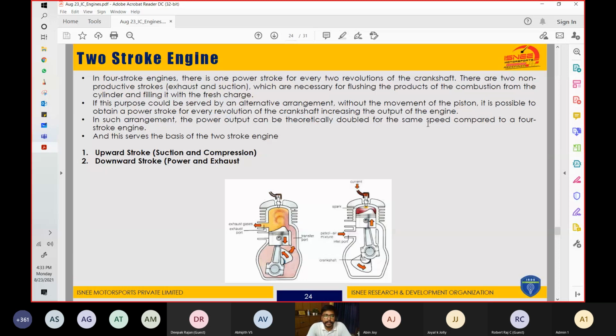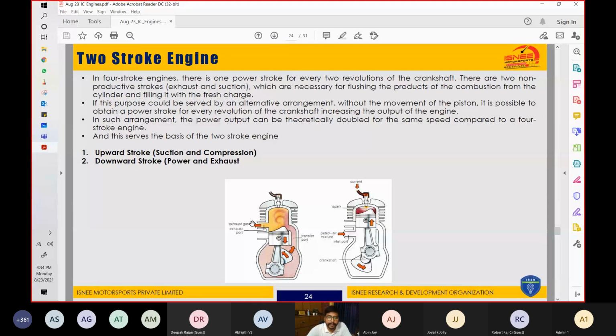So basically, if we can somehow manage these 2 strokes, which are non-productive, we are not having any power during these strokes, but yes, they are mandatory to be completed, because only after the exhaust will the new charge come into the combustion chamber. And if this purpose could be served by an alternative arrangement without movement of the piston, it is then possible to obtain a power stroke for every revolution of the crankshaft, increasing the output of the engine.